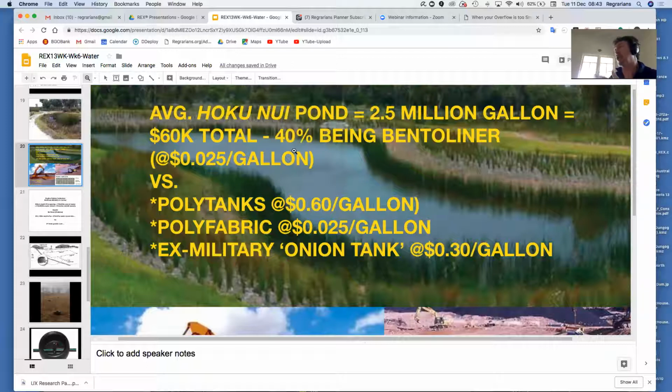And that's what it ultimately came down to. Even though the poly fabric and the bento liner were the same price per litre, per gallon stored, the bento liner lasts, whereas the poly liner doesn't. So we thought this is a really good application of the capital there.